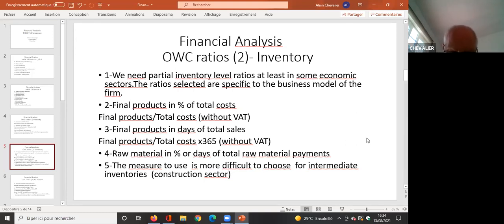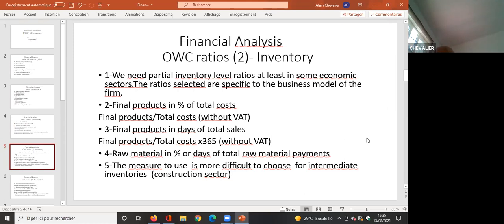Those are products you are working on, which are no longer raw material, but not yet final products. Then, of course, when you have a long production process, you have several steps of production and several categories of intermediate products, which make the evaluation, the diagnosis, more complex.